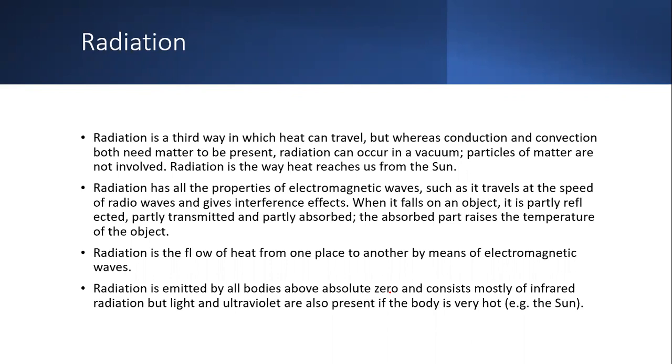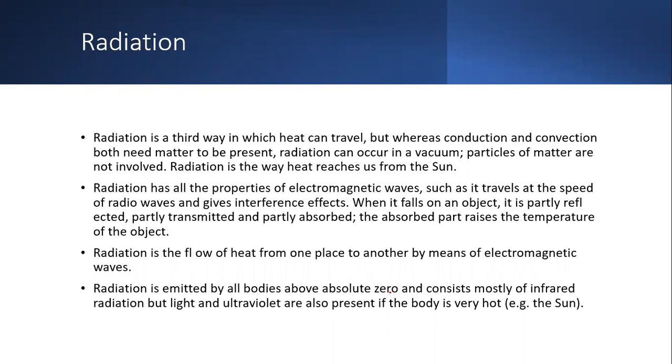In fact, radiation is how we get heat energy from the sun. So you know that the sun produces what? Ultraviolet radiation. What is ultraviolet radiation? It's an electromagnetic wave, right? Ultraviolet radiation is the radiation produced by the sun.